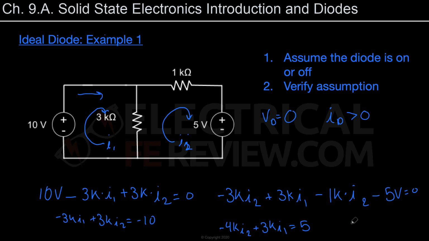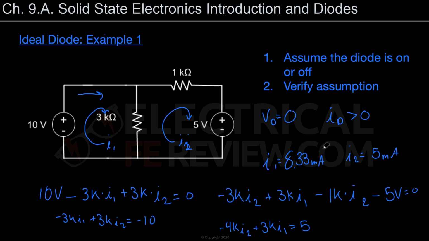And then after doing some systems of equation solving, you will get I1 is equal to 8.33 milliamps and I2 equals 5 milliamps.